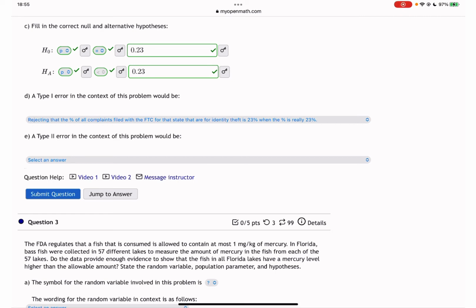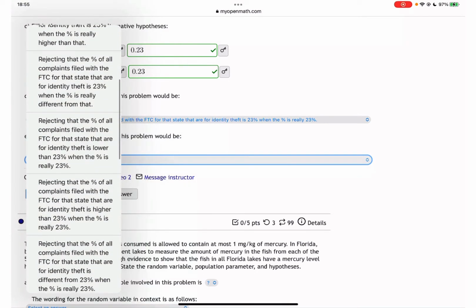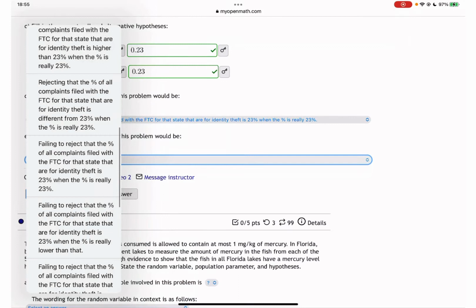Which means, in this case, we are failing to reject that percent of all companies filed with the FTC that state that identity theft is 23% when the percentage is really lower than that, because they said it's lower, right? Here it is.